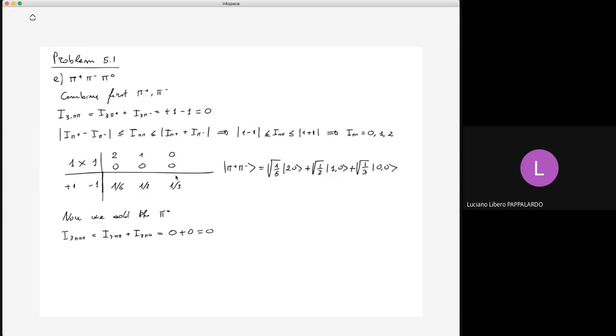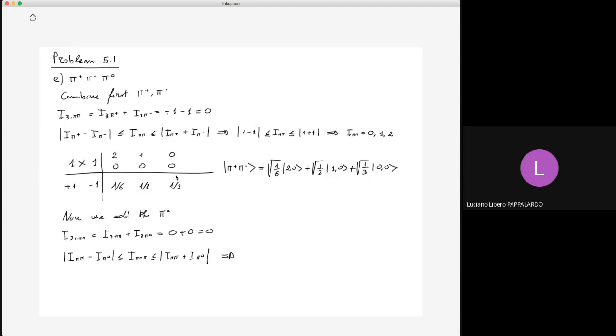And we have to compute now the total isospin. So we have |I pi pi minus I pi 0|. This is now the total for the 3 pion system. And then we have the sum I pi pi plus I pi 0.